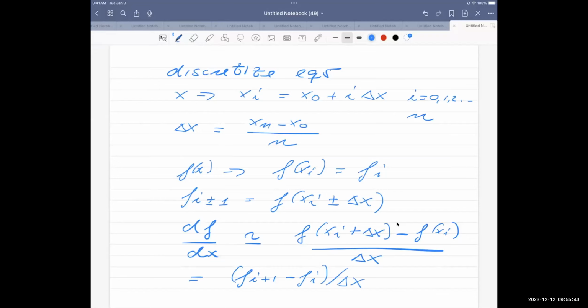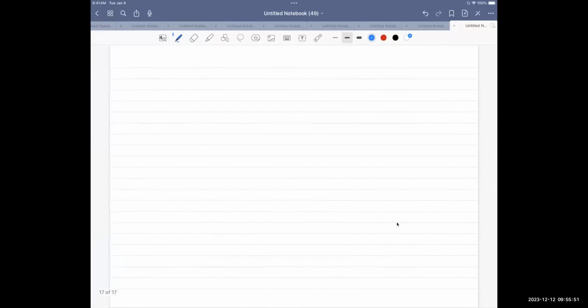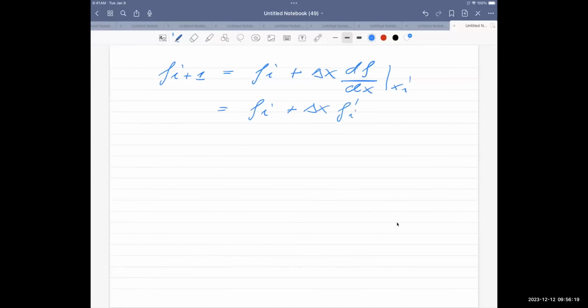This is the simplest possible update which we have of the function f. And if we collect this together, that means that I can find the next value, f of i plus 1, which is now given by f of i plus this delta x multiplied with the derivative df/dx calculated at x of i. And this would simply be rewritten as f of i plus delta x times the f derivative at the value i.